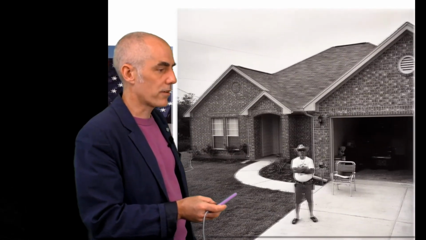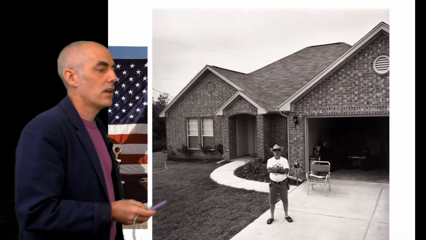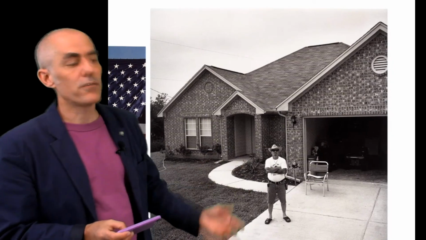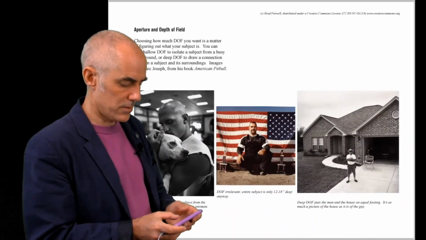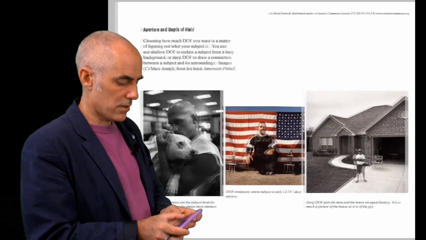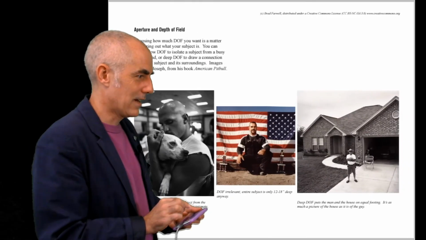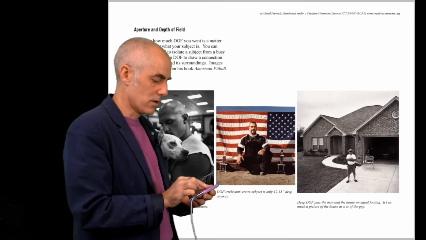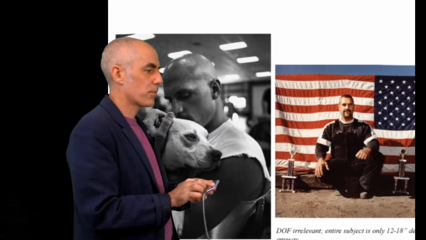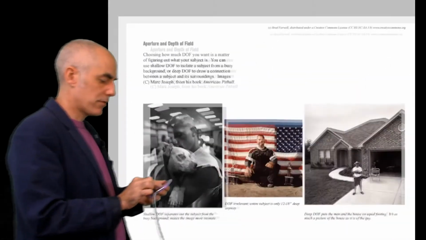And then in this photograph, right, depth of field is relevant, but it's important that there's a lot of it, right? If the dog picture, it's important to have very shallow depth of field.